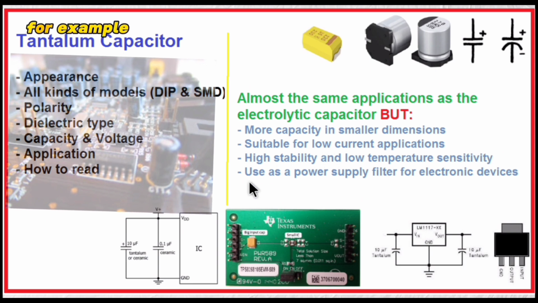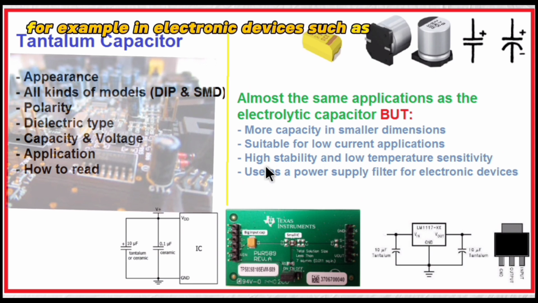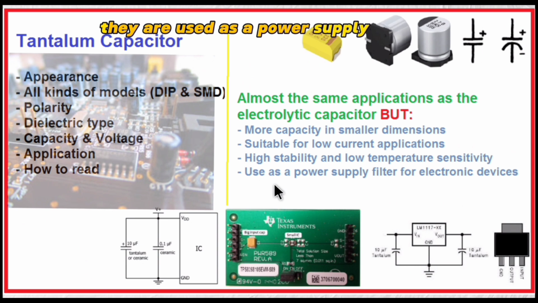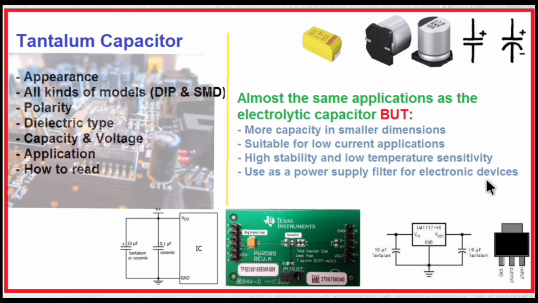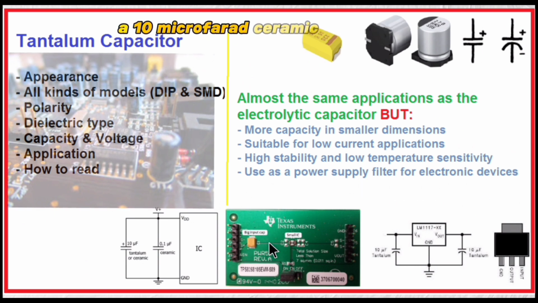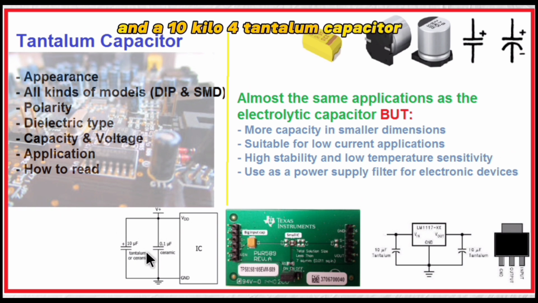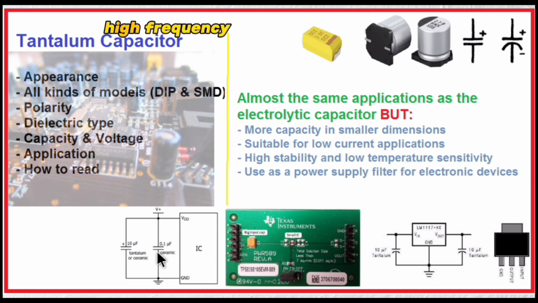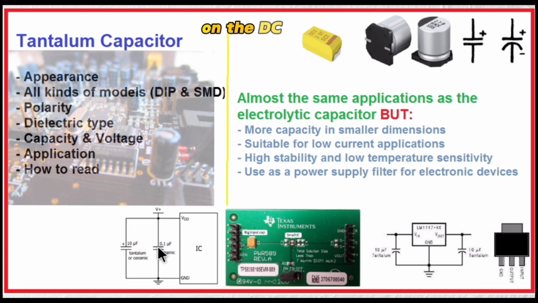For example, in electronic devices such as mobile phones, small dimensions are required. They are used as a power supply filter. A 10 microfarad ceramic capacitor and a 10 microfarad tantalum capacitor. This ceramic capacitor eliminates high frequency noises and distortions on the DC line.